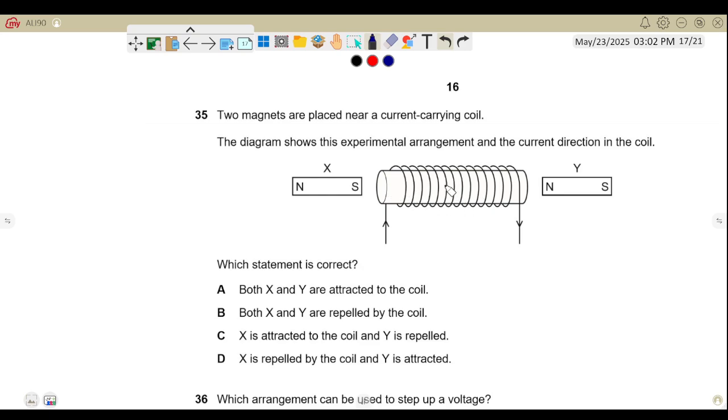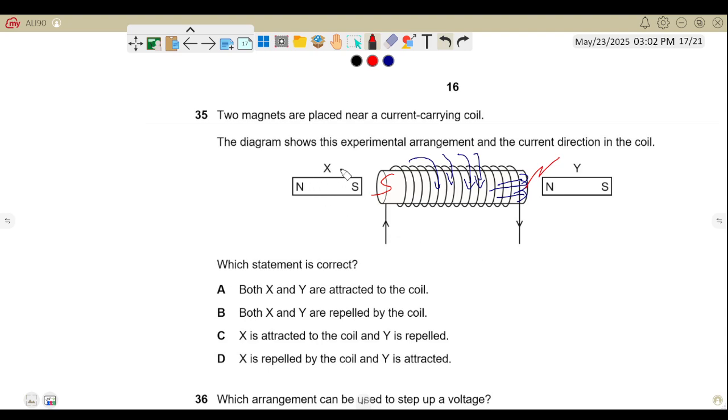As we put our fingers in the direction of the current, the 4 fingers and the thumb will automatically show that the direction of the magnetic field is to the right hand side, which means for us this side is representing the south. This is the south pole of the electromagnet, and this side is the north one.